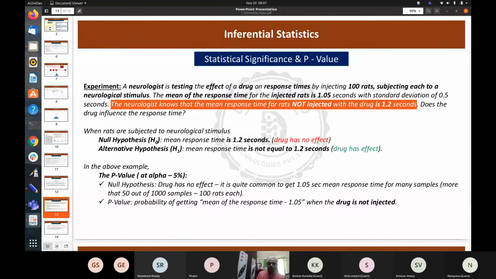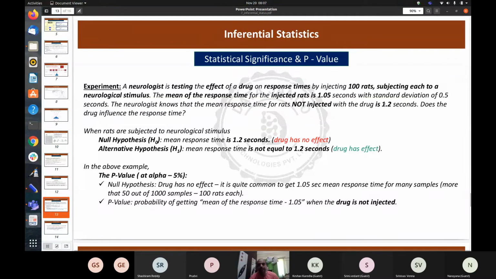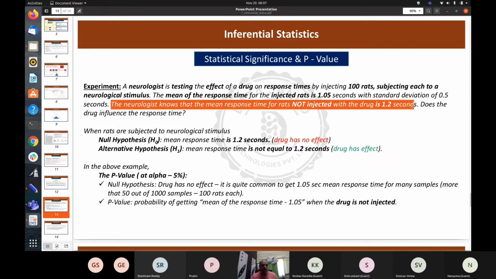They have taken many samples in the history, and they took the means of those samples after injecting the neurological stimulus, and this is the mean of means. That's why they are saying generally it is 1.2 seconds. Mean response time of 1.2 seconds means it is the sampling distribution's mean.